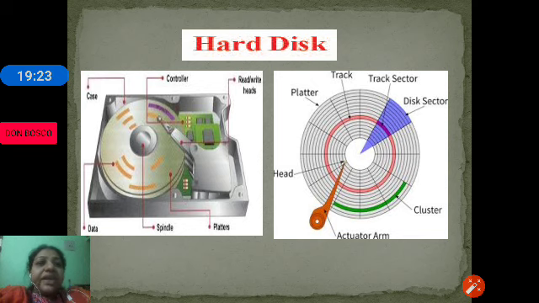There is a read-write head, which performs the input and output operations, and a spindle which spins the disk so the required location can be reached.